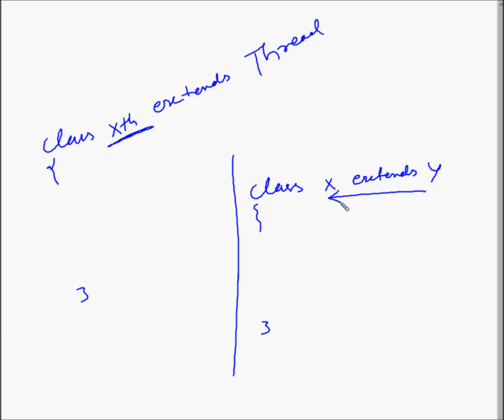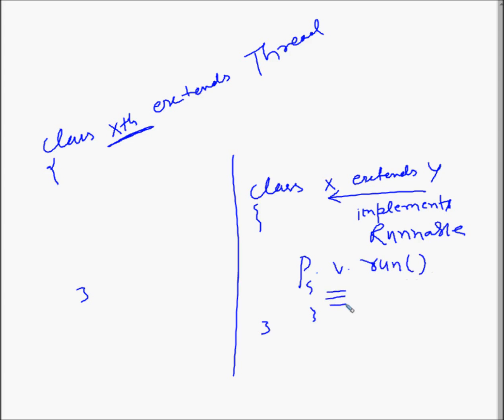So there is no option here. The one option we have is implements Runnable. If you implement this Runnable interface, you have to override the public void run method and write some code here.